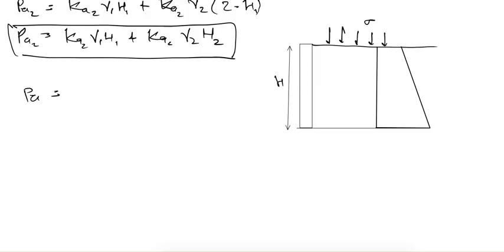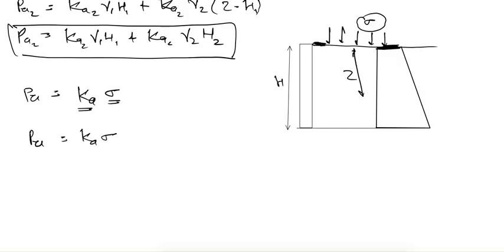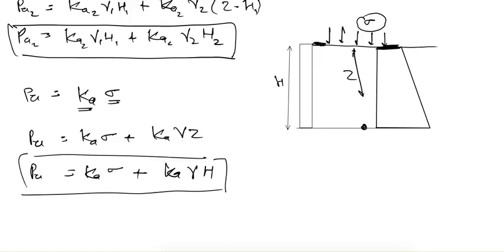The active earth pressure at the top of the soil would be Ka into sigma, where Ka is the active earth pressure coefficient and sigma is the surcharge pressure. So Ka sigma will give me this part, and at any depth z it would be Pa is equal to Ka sigma plus Ka gamma z, and at this level it would be Ka sigma plus Ka gamma H. That would be the pressure.